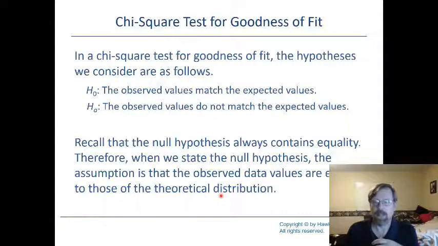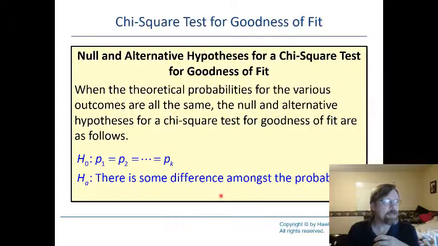In this case, the probabilities for the various outcomes are all the same. I've got a 1 in 6 chance of rolling a 1, a 2, a 3, whatever. So I can phrase my null hypothesis as the probability of outcome 1 is equal to the probability of outcome 2 is equal to the probability of outcome k, however many outcomes I have. The alternative is there's some difference in the probabilities.